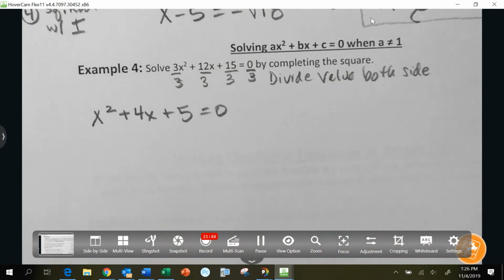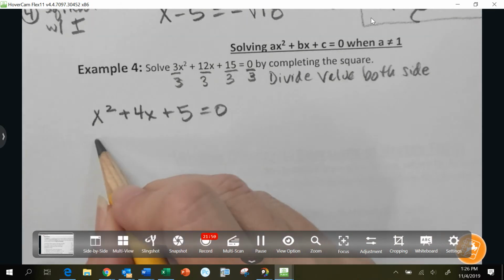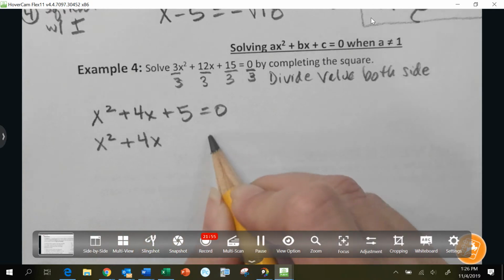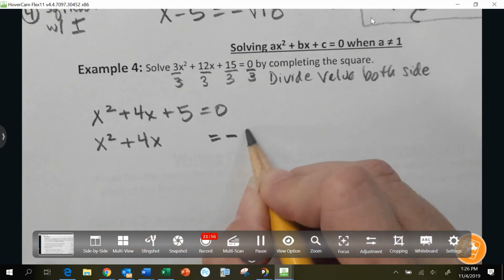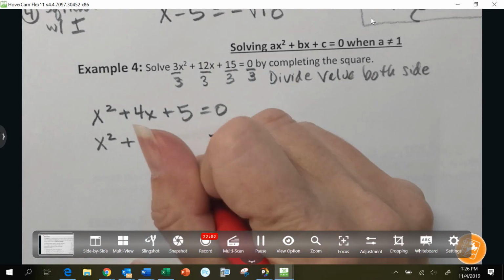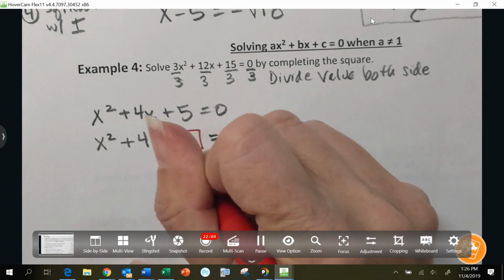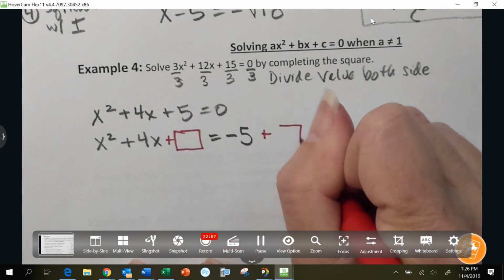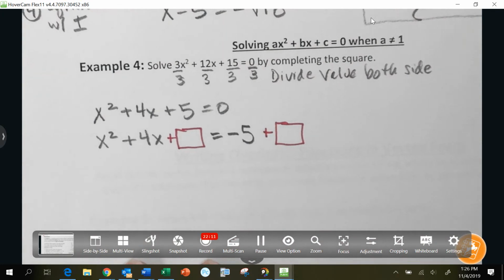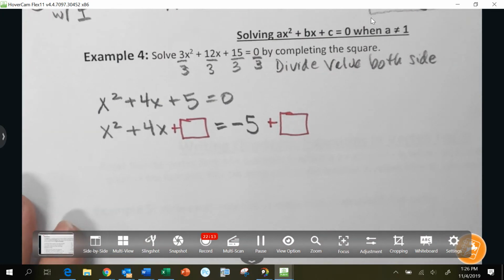Now we are going to solve this by completing the square. So I'm going to first move over the 5 and leave a space. So I'm going to subtract that 5 from both sides. I'm going to put in a square because we are completing the square. Okay? After I draw in that square, what do I do now?